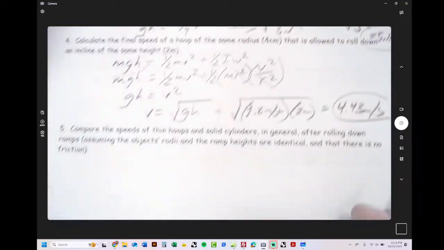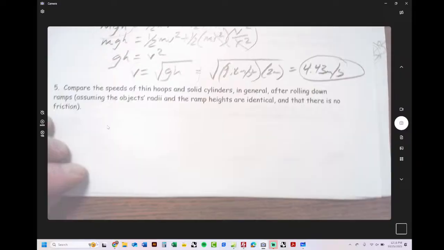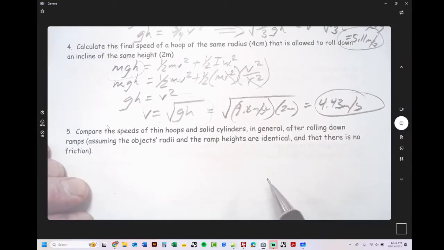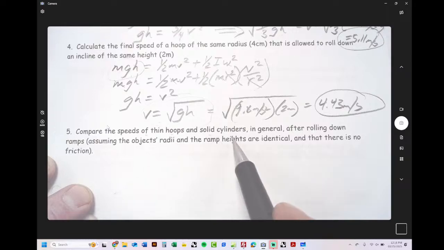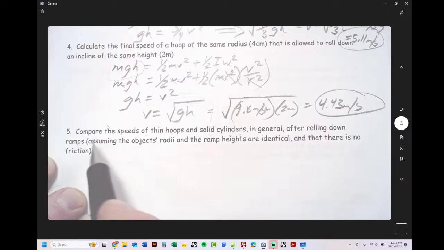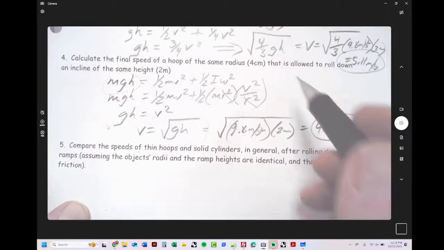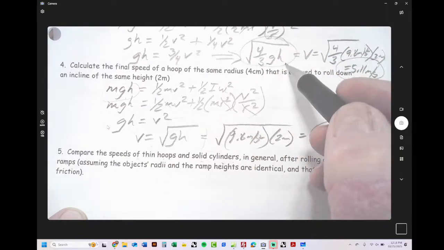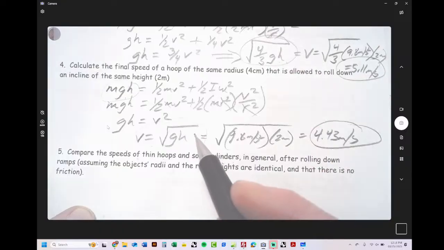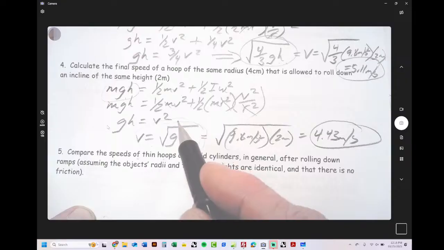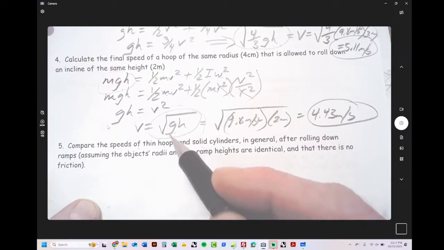And this next little thing, I don't know if it's important. Mr. Pennington liked this kind of thing when he was teaching. It says compare the speeds of thin hoops and solid cylinders in general after rolling down ramps. So what he did in his notes was he said, let's let this represent the speed of a solid cylinder after rolling down this ramp, or any ramp, and this represents the speed of a thin hoop.